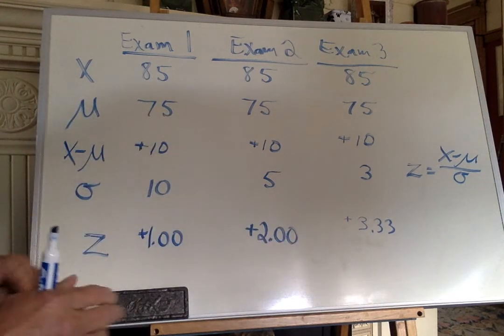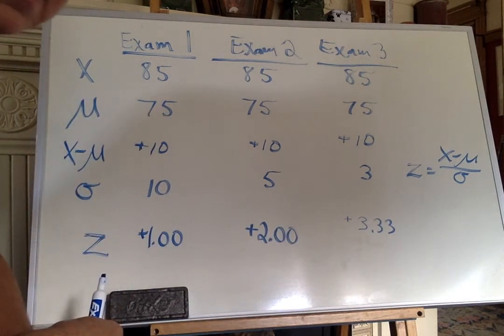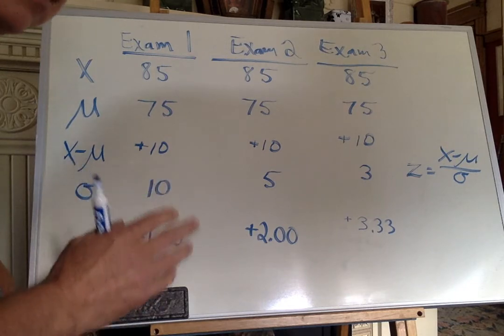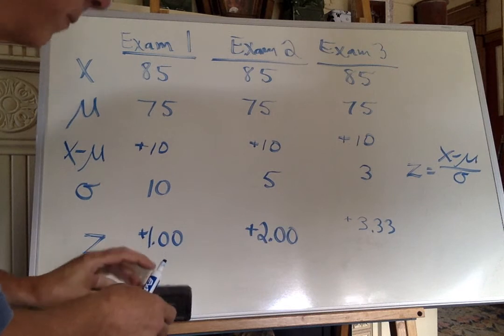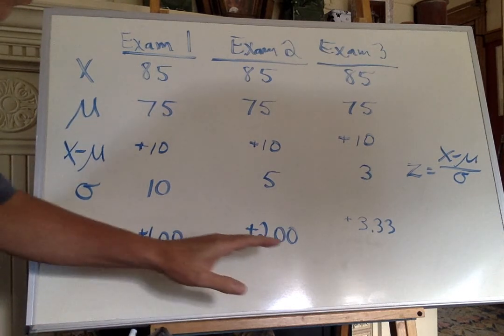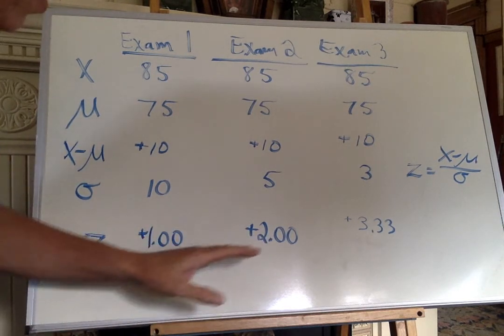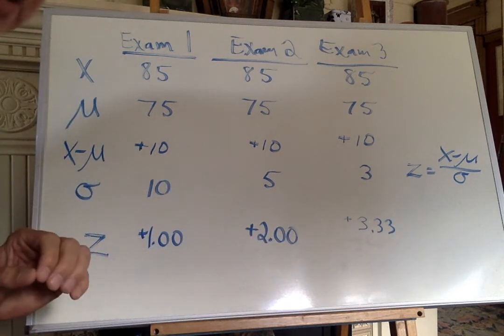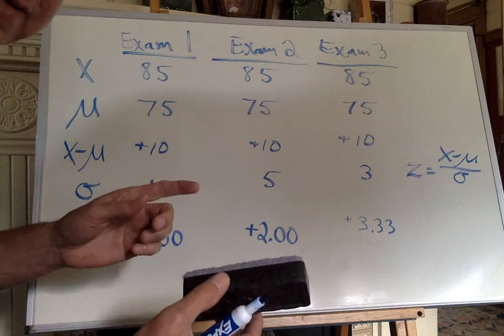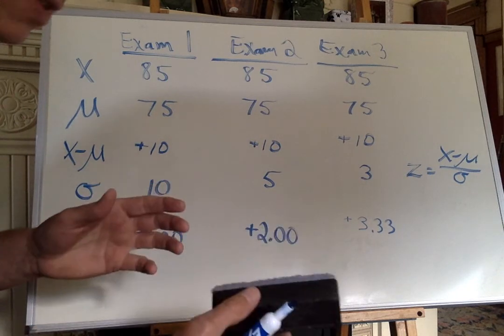Okay? All right. You can watch this again. You can ask me questions, whatever you want to do. Z-scores are the best way to evaluate people's performance relatively, one compared to another.